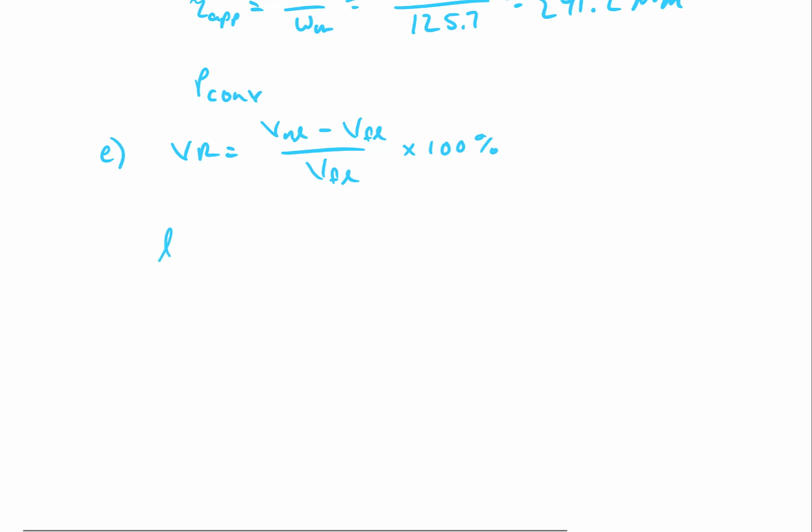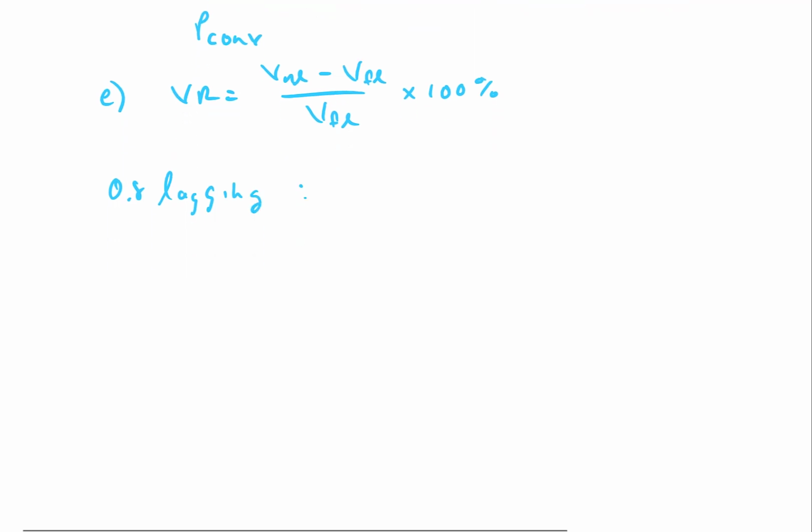We've got three cases. First, let's look at the lagging case. 0.8 lagging. In this case, we had a no-load voltage. Well, in every case, we have a no-load voltage of 480. Because in every case, when there's no load, IA is equal to 0. And we're told that the field current is set up for a terminal voltage of 480.